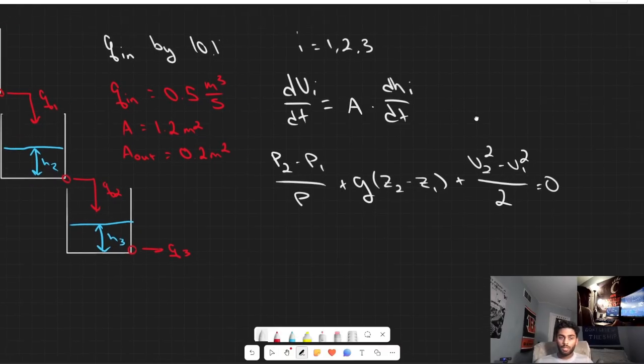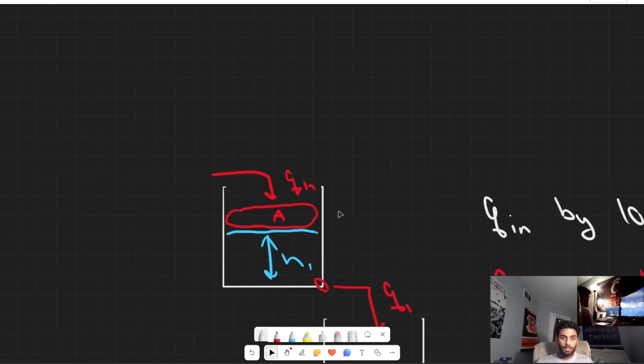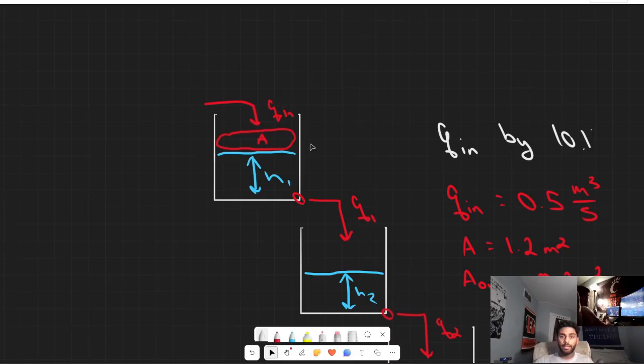Now, let's make some assumptions that'll make this a little easier to solve. Looking at this tank, we are assuming that these tanks are open to the atmosphere. And so atmospheric pressure, obviously, is going to be the pressure acting on the surface of our liquid level here.